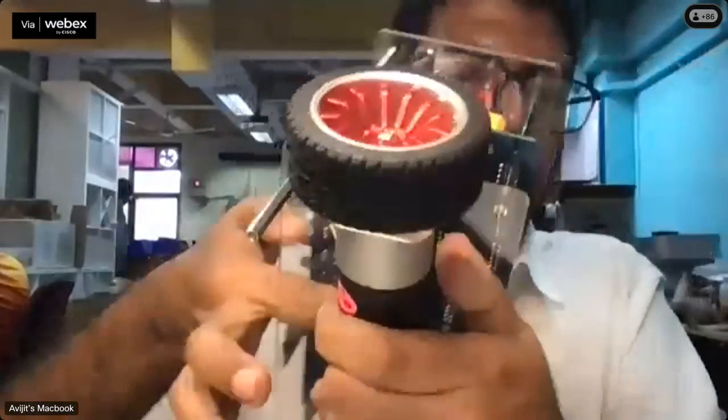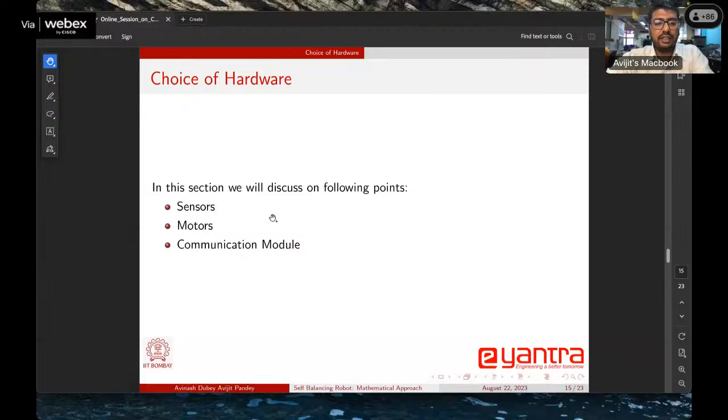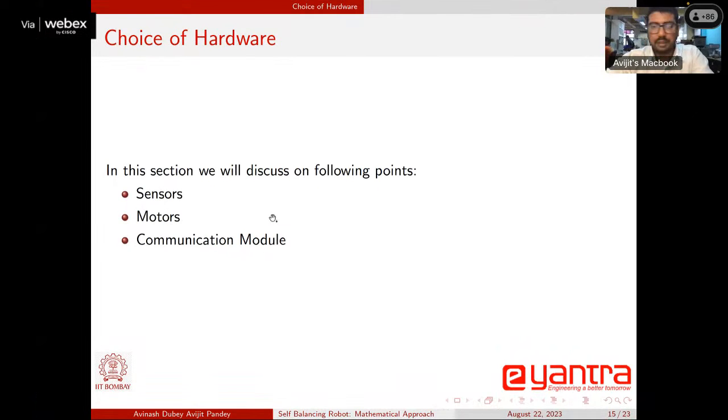So let's talk about some key elements of this system. The first element that we are going to talk about is the sensor itself. Key elements here are sensors, motors, and how they are communicating to the microcontroller in order to balance the whole system.